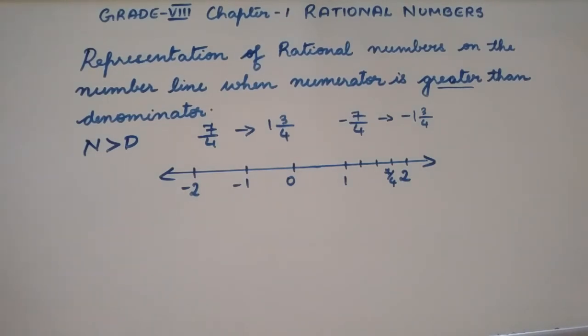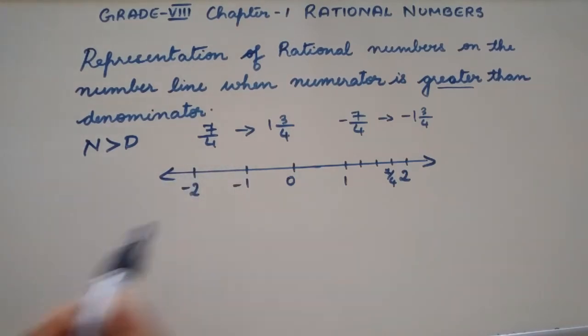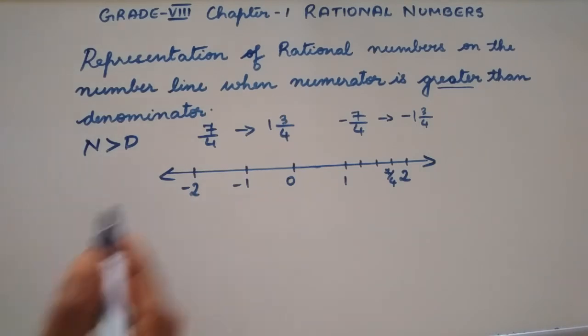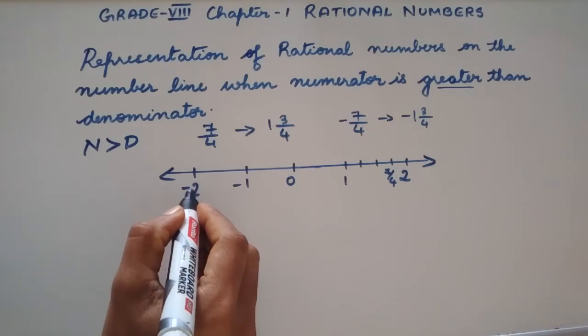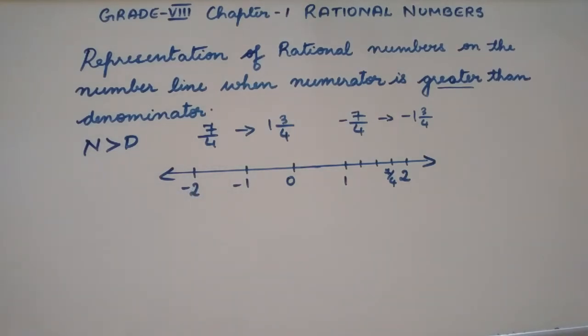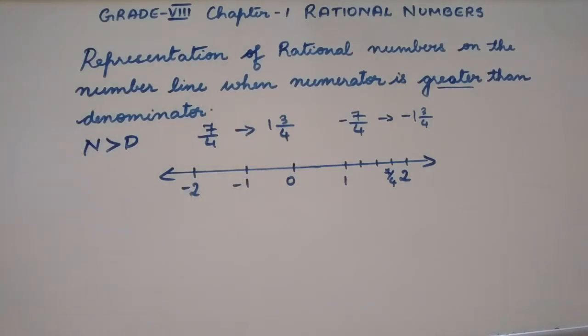The next number will be on the left hand side of minus 1. Since it is a negative rational number, the next number will be minus 2. Now we can say minus 7 by 4 is between minus 1 and minus 2.